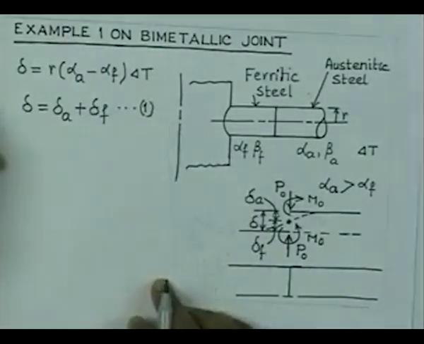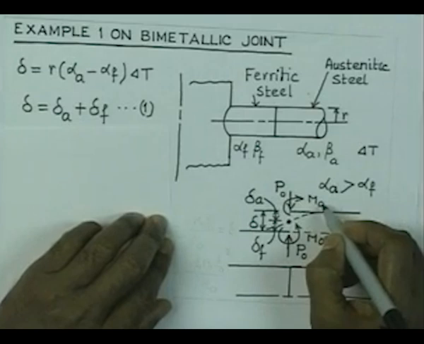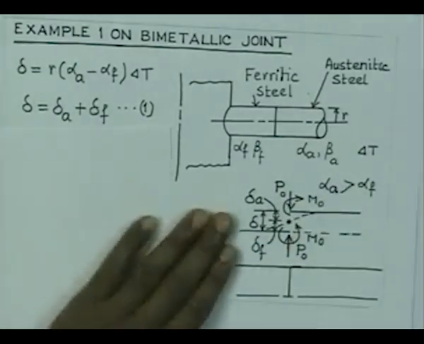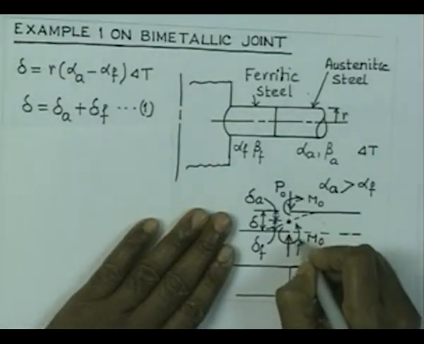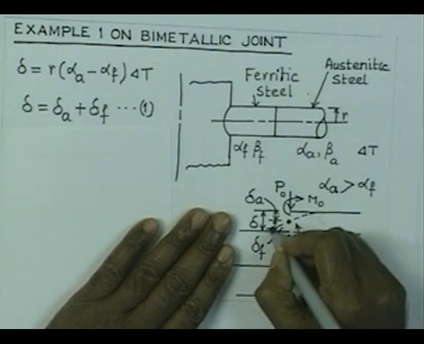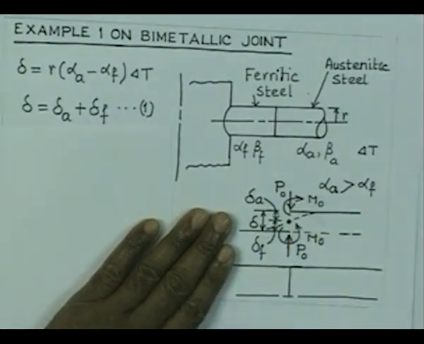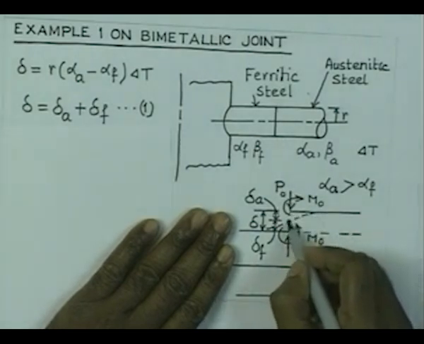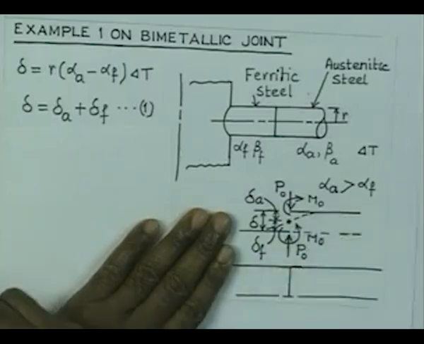So that is one equation. Now, we have two unknowns to be determined, P0 and M0. How do we do it? We have only one equation. There is another equation: under the action of P0 and M0, this part has deformed like this, so it has taken up an angular orientation like this. Similarly, under the action of P0 and M0, this part has taken up a position here, and therefore another angular orientation.